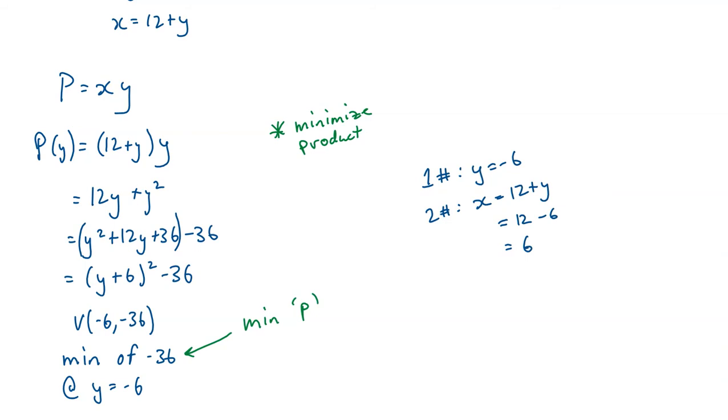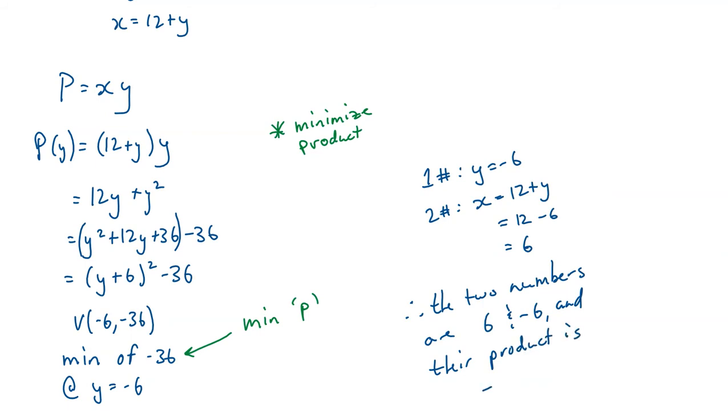Are we okay? I'm not going too fast. Therefore, the two numbers are 6 and -6, and their product is -36. So it said to state the minimum product. Well, we've got that written down here. I can also just do that in my head. -6 times 6 is -36.